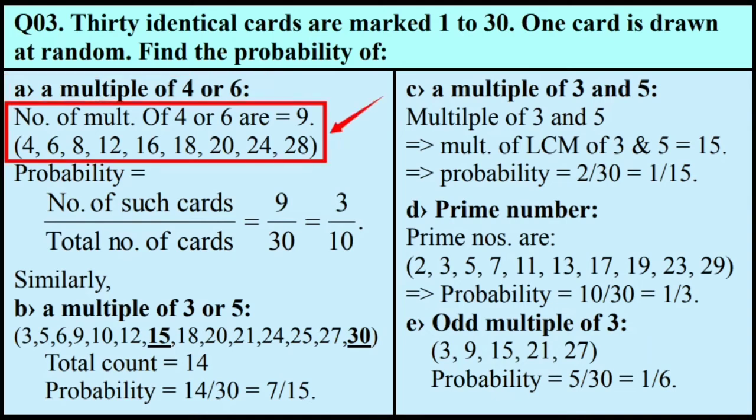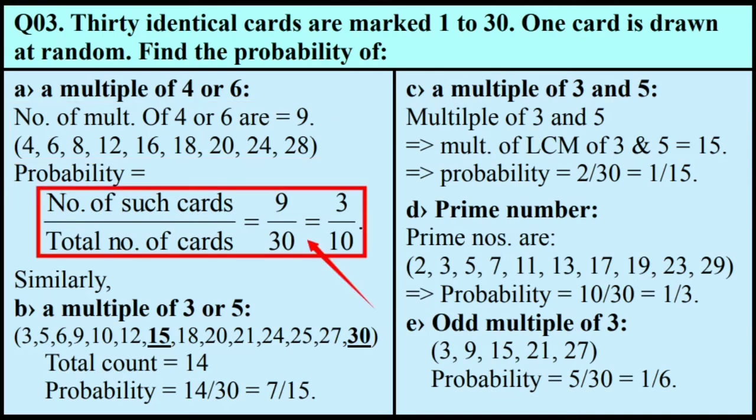From 1 to 30, a total of 9 cards are there in which the number marked is a multiple of 4 or 6. Hence, the favorable outcome is 9 out of total possible outcomes 30. Therefore, probability is 9 by 30, and in simplified form it is 3 by 10.